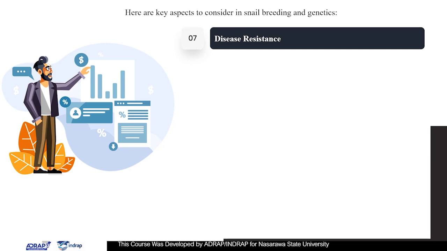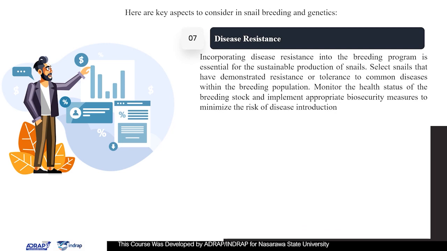Disease resistance. Incorporating disease resistance into the breeding program is essential for the sustainable production of snails. Select snails that have demonstrated resistance or tolerance to common diseases within the breeding population. Monitor the health status of the breeding stocks and implement appropriate biosecurity measures to minimize the risk of disease introduction.